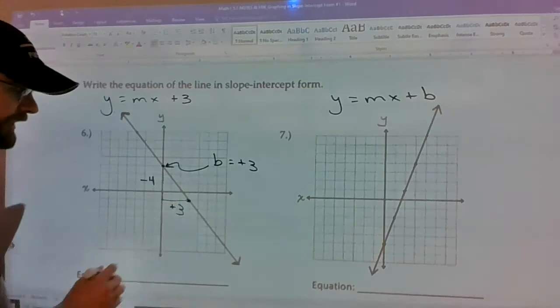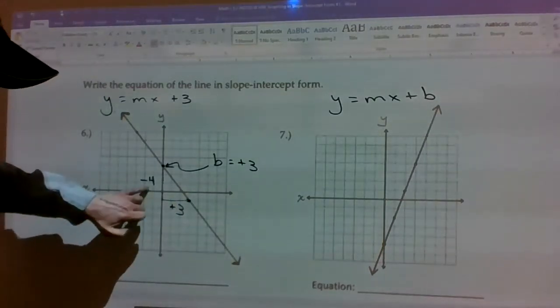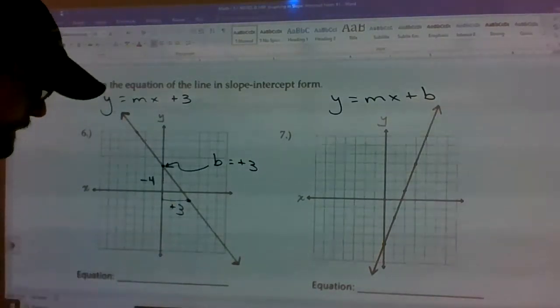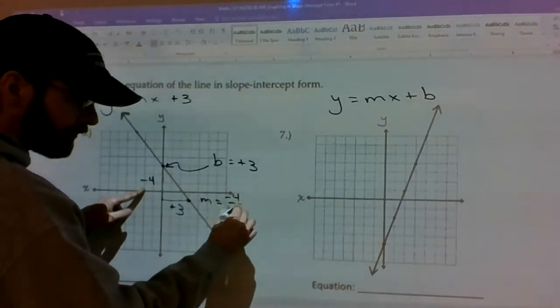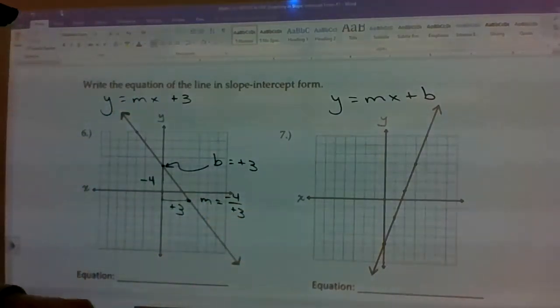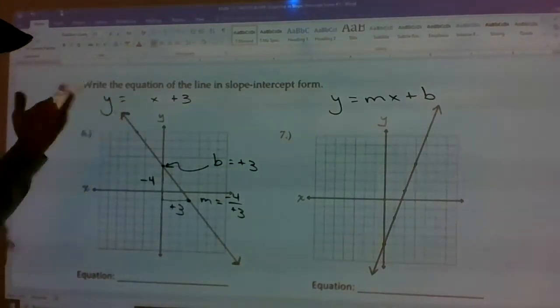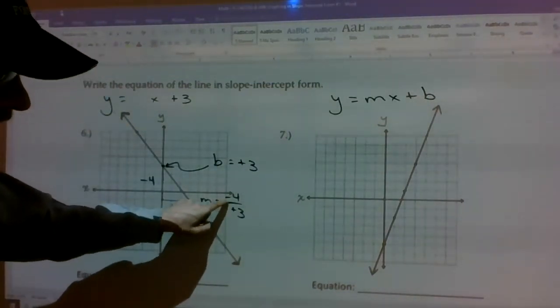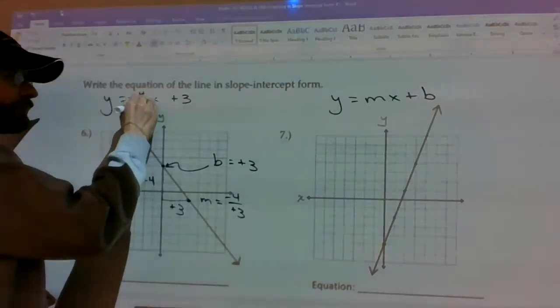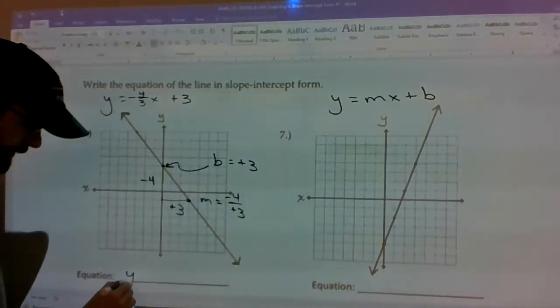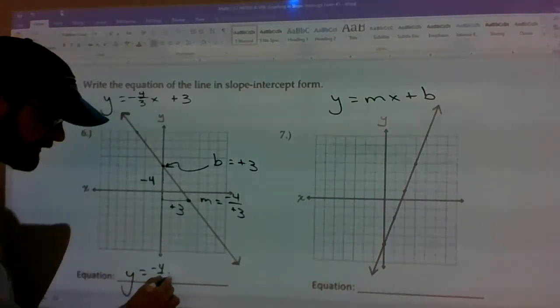So that would be plus 3. So based on this down 4, right 3, my m is going to be negative 4 over positive 3. So I'm going to take away the m, and I'm going to put in place, let's see, a negative divided by a positive is a negative number, so it's negative 4/3. And there it is. Y equals negative 4/3 x plus 3.